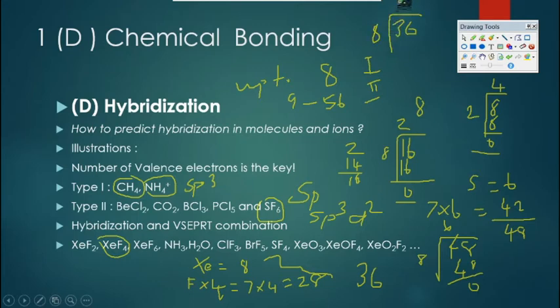And we have the first quotient 4, 32. Now remainder 4. This remainder again should be divided by 2. Again one more quotient we have. No more remainder. So quotient 4 plus quotient 2 gives 6 hybrid orbitals. So in XeF4 also sp3d2. This is the way in which we have to predict the type of hybridization.